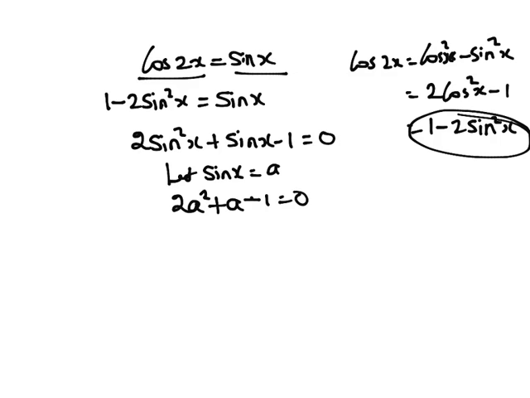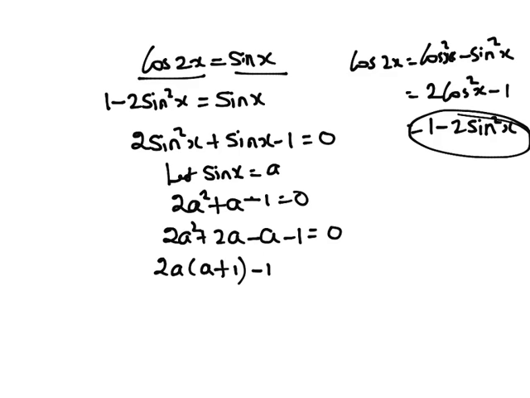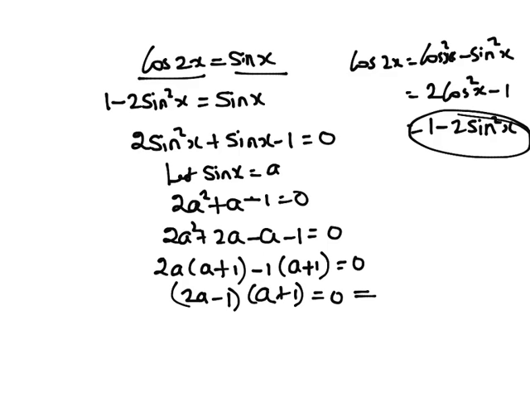Now if I split the middle term, I'll get 2a squared plus 2a minus a minus 1 equal to 0. Let me take 2a common from the first two terms, I'll get a plus 1. Let me take minus 1 common from the last two terms, I'll get a plus 1 again, equal to 0. Which means 2a minus 1 into a plus 1 equal to 0. So this will give me either a is half or a is minus 1.